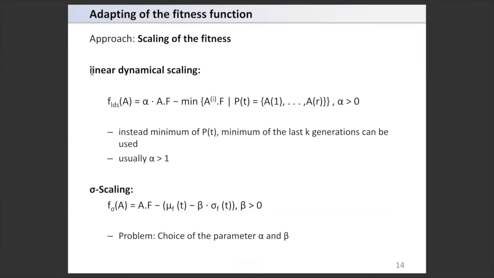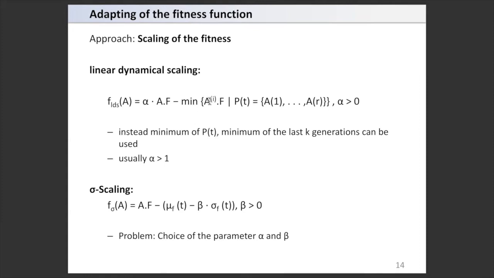For example, in linear dynamic scaling, the fitness value is adapted such that the original fitness value of the individual is multiplied by alpha, and then from that, a value is subtracted.